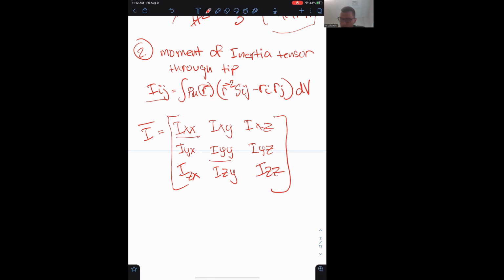These individual components are given by this formula, and this is the complete moment of inertia tensor.